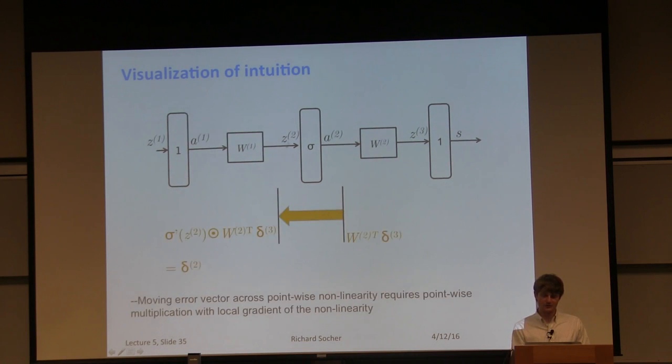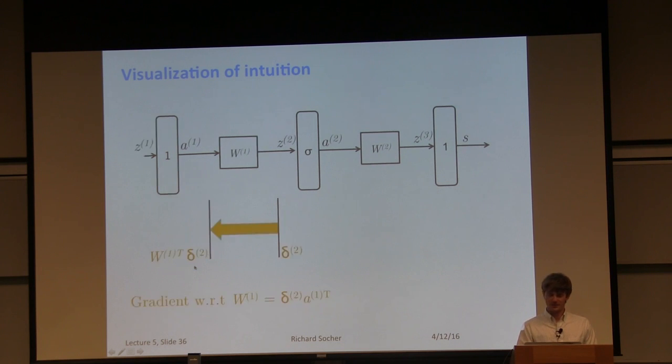Now we move the error through the element-wise nonlinearity, so we have an element-wise product here with sigma prime, or in general, f prime. And that now defines delta 2 to go down to the next layer. And then we can define the gradient with respect to this matrix as, again, just the outer product of that error message times the activations that come from that layer.